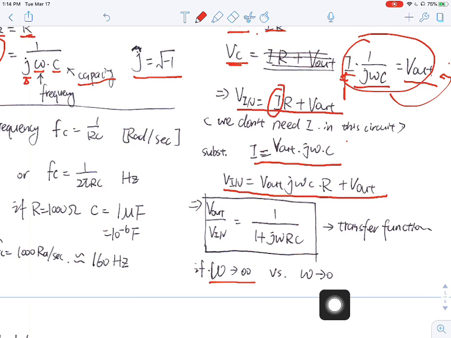And now let's look at what if our frequency is very low, omega goes to 0. And this whole thing, J omega RC, goes to 0, you end up with 1. What that means is V out versus V in equals 1. So it copies whatever is the input.